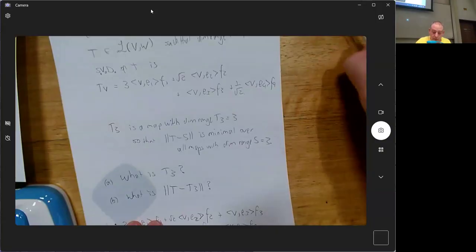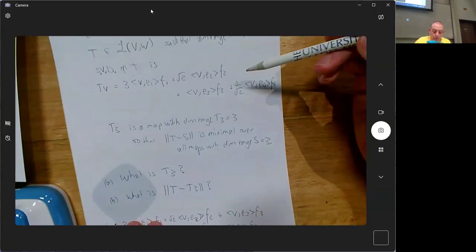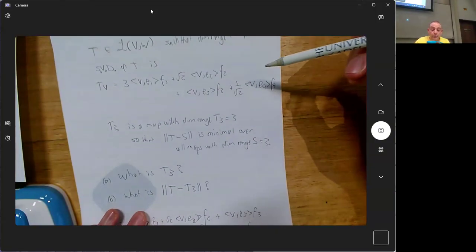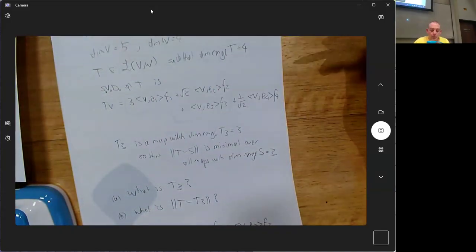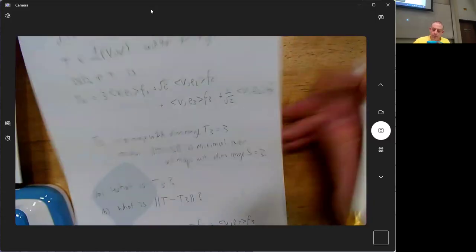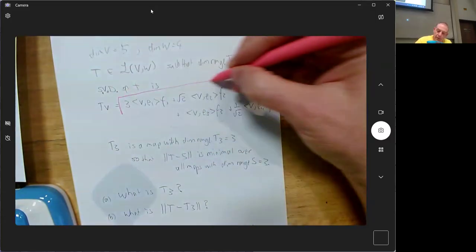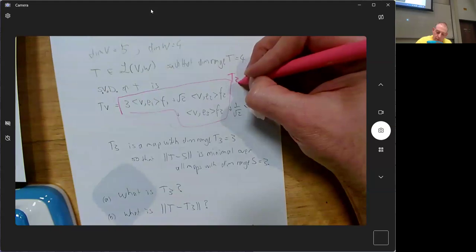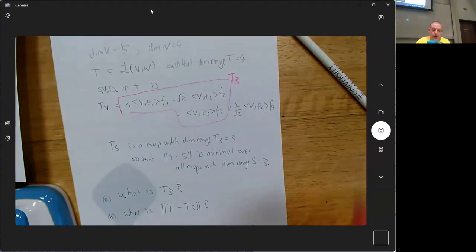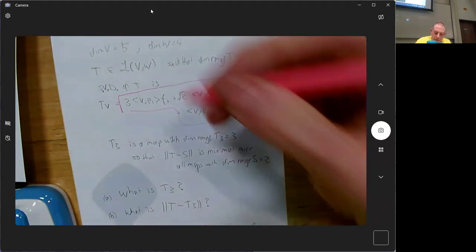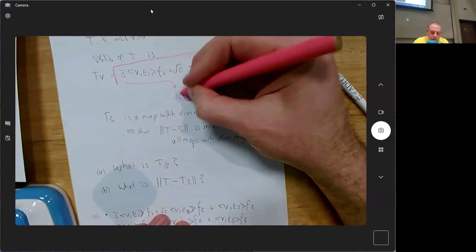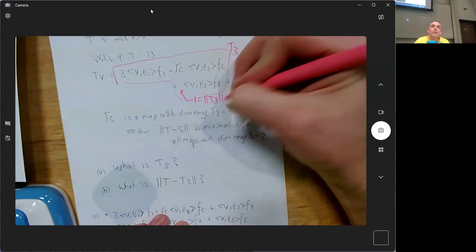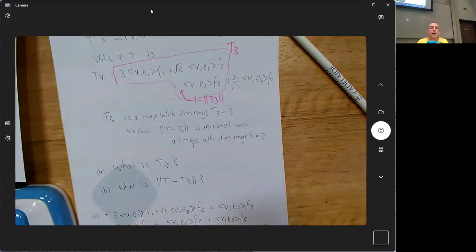Therefore T3 is the one with dimension of the range being 3, which is this bit, according to that theorem. And the length is the singular value you were up to when you got to that point.